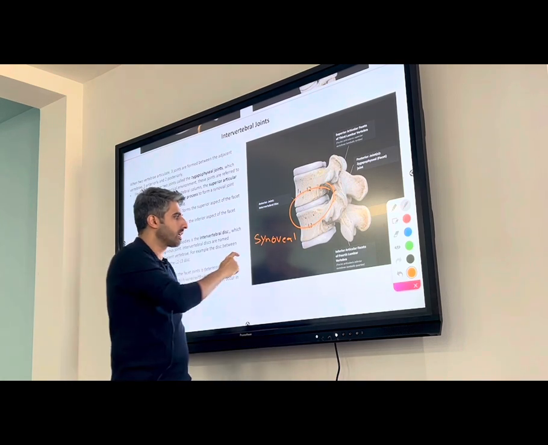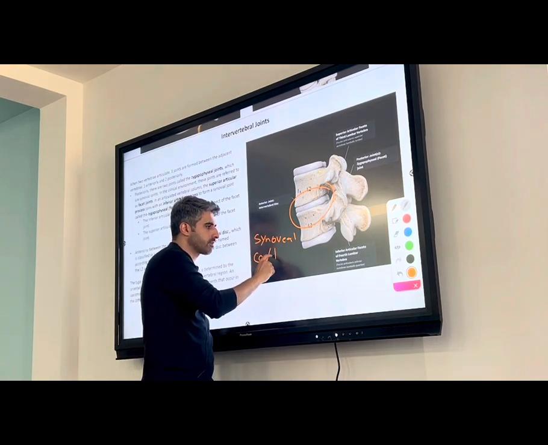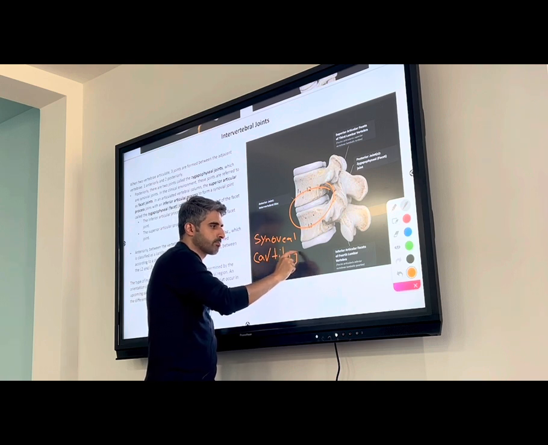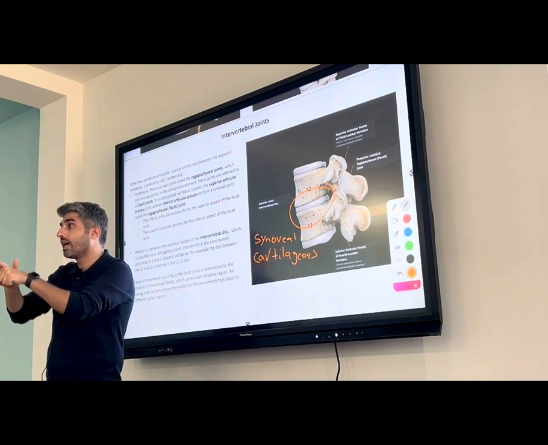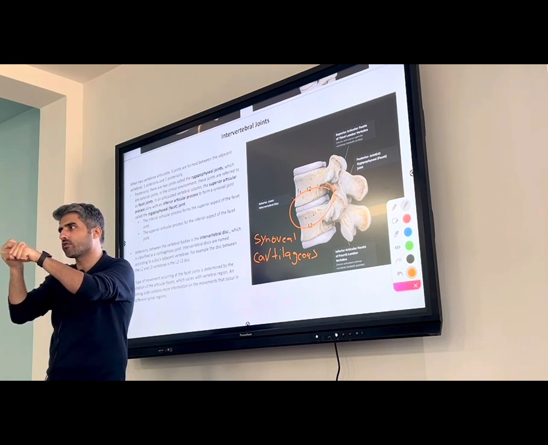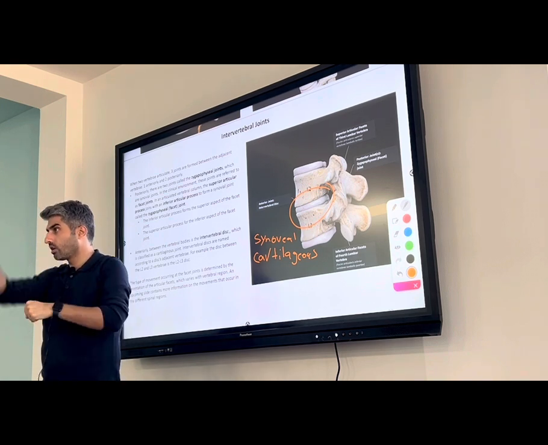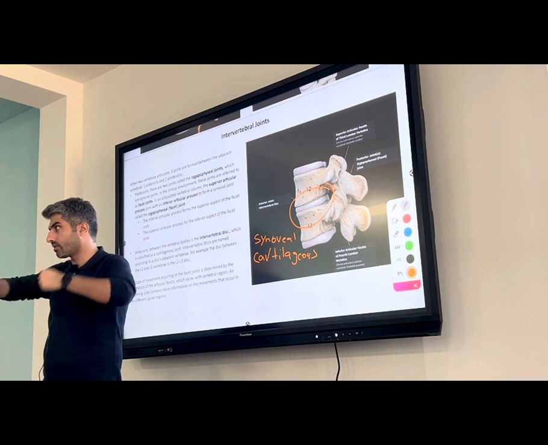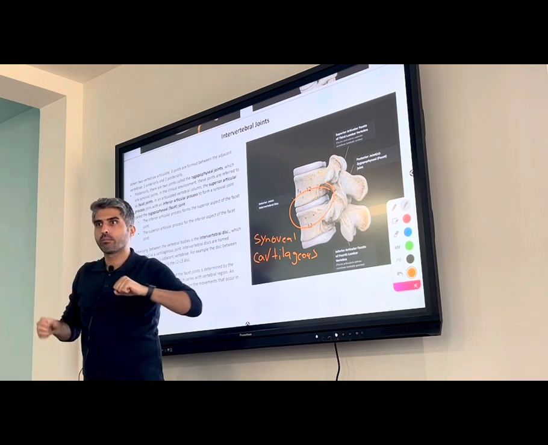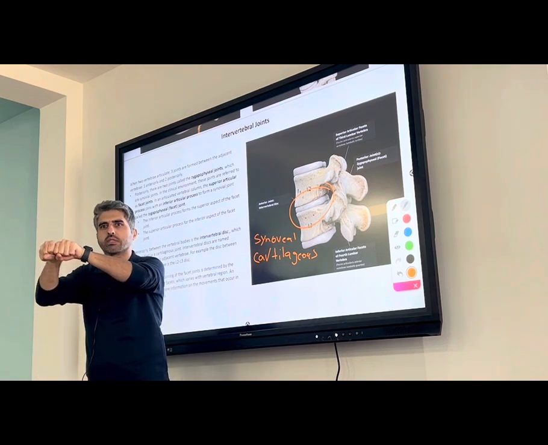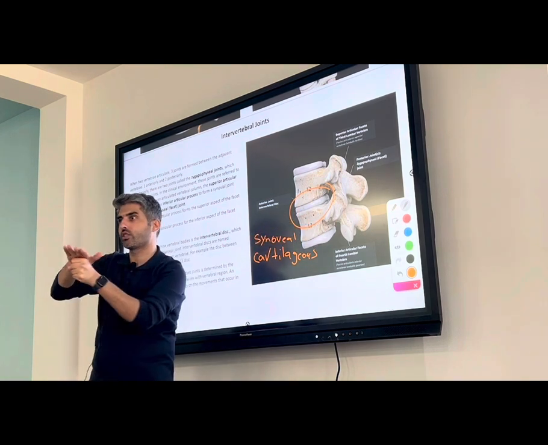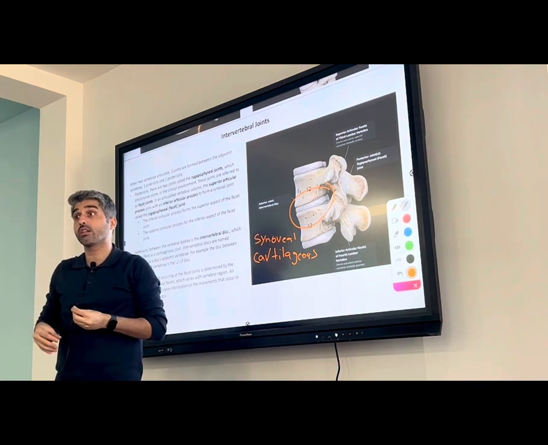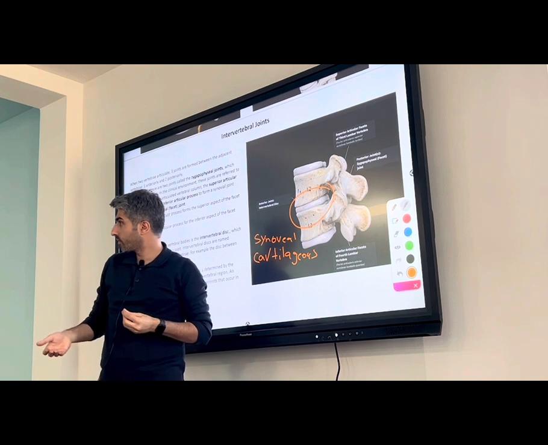The second type is cartilaginous. They have a small amount of movement, not easily like this. Partial movement, a small movement. Between two bones you have cartilage. For this reason we say cartilaginous joint.